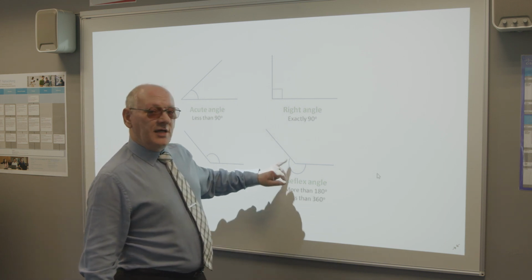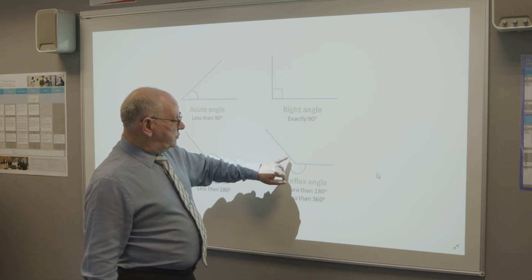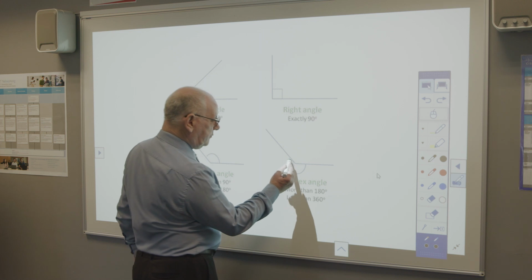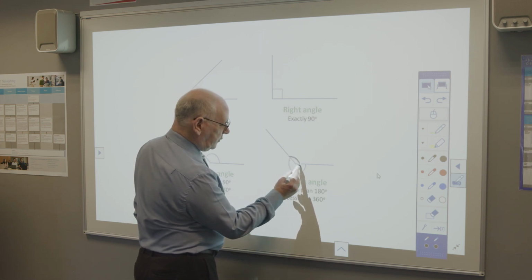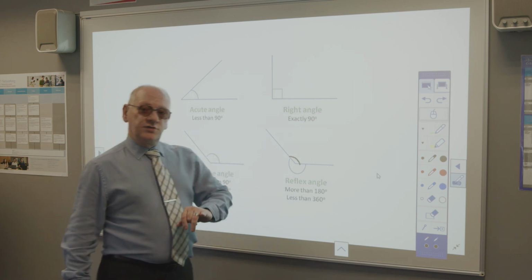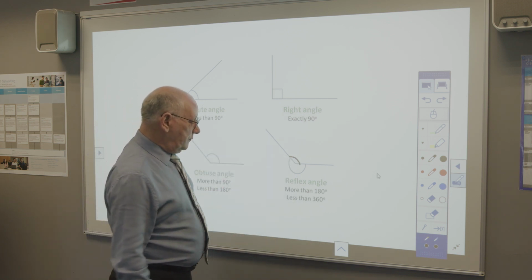Now, the reflex angle is weird because you need to know this angle here in order to work it out. You need to know what that angle there is. And the reflex angle is 360 degrees minus this angle.